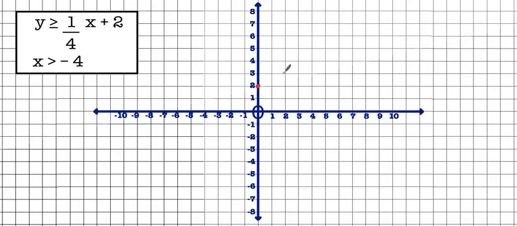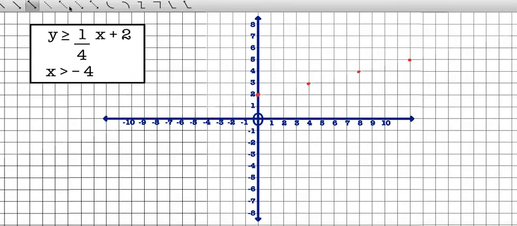So 1, 2, 3, 4, and we're going to do that a couple more times. And this is more than enough. So we have four coordinates here, and because it's y is greater than or equal to, then we're going to draw a solid line between these coordinates.